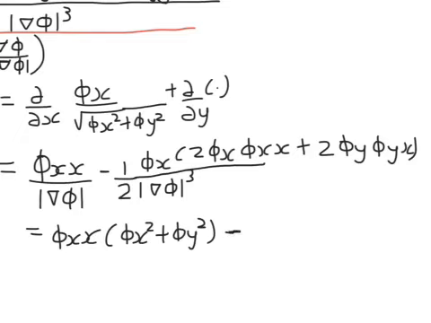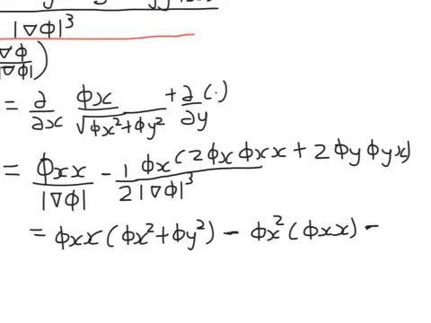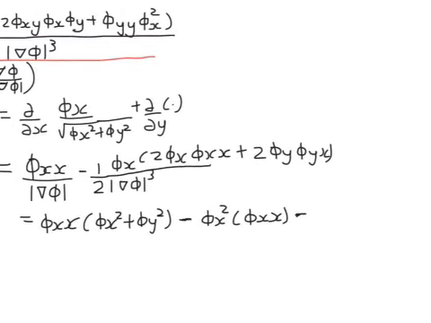Now we have phi x square phi xx and the negative of phi x phi y phi yx.